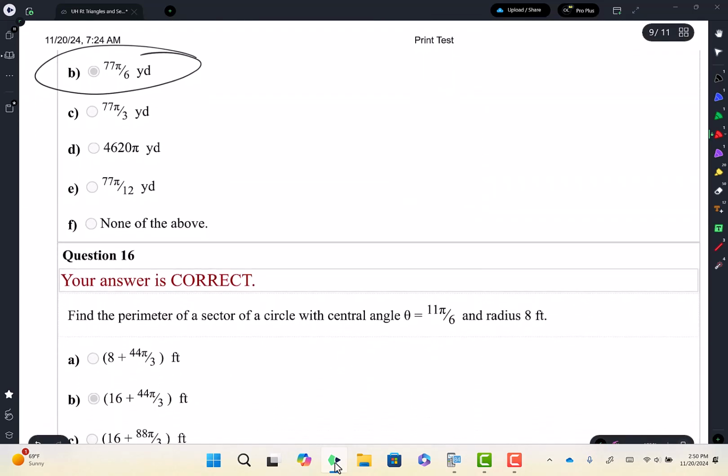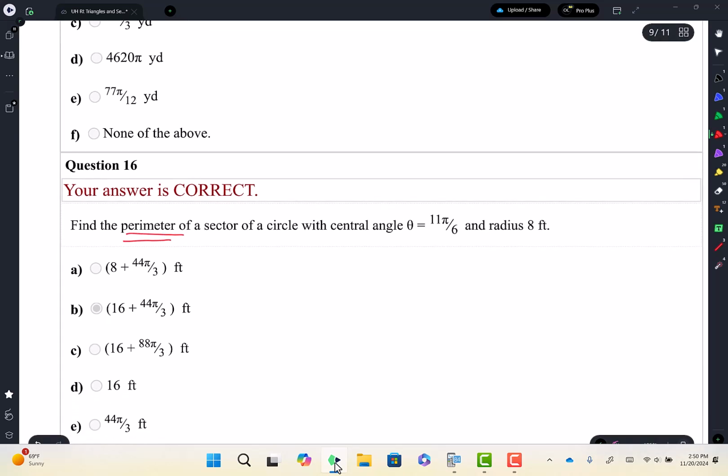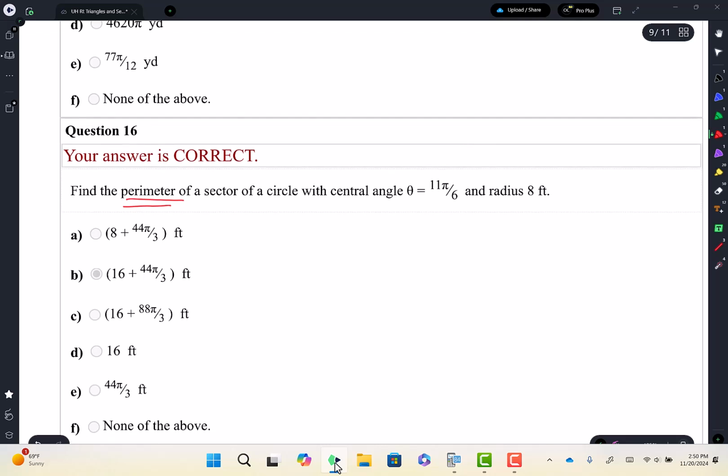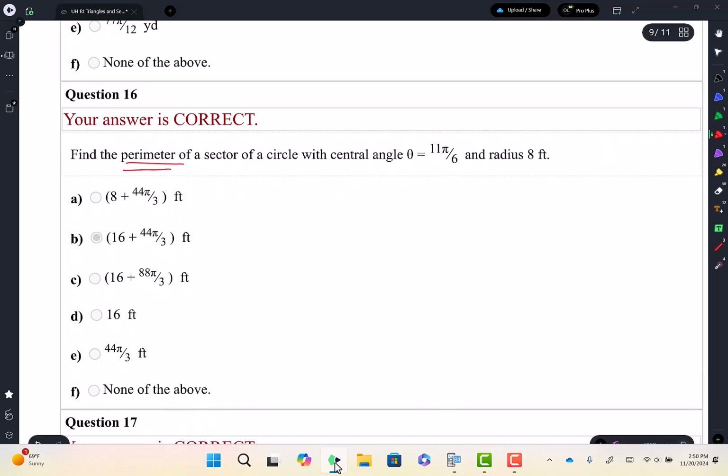All right, question 16. Now they use a special word, perimeter. Find the perimeter of a sector of a circle with central angle 11 pi over 6 and radius 8 feet. All right, let me give you a visual of what they want. Here's what they want. The radius is 8 feet. That's 8. And then I'm going to go all around. It's practically almost 2 pi. So that's theta equals 11 pi over 6.